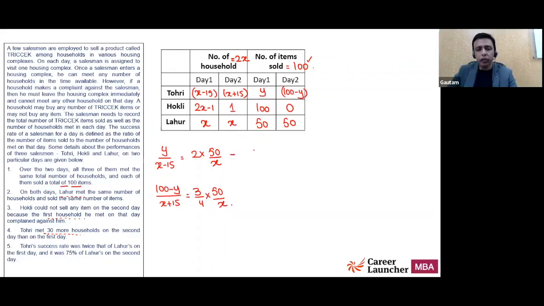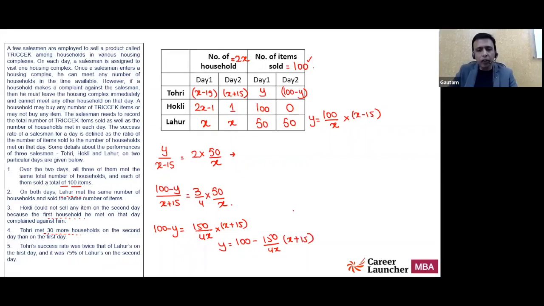From the first equation, y has to be 100 by x into x minus 15. In the second equation, 100 minus y should be equal to 150 by 4x into x plus 15, or y would be equal to 100 minus 150 by 4x into x plus 15.